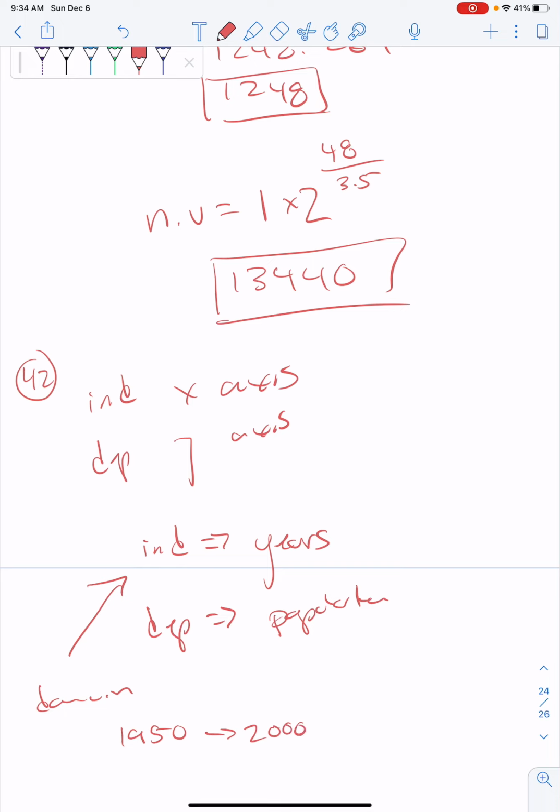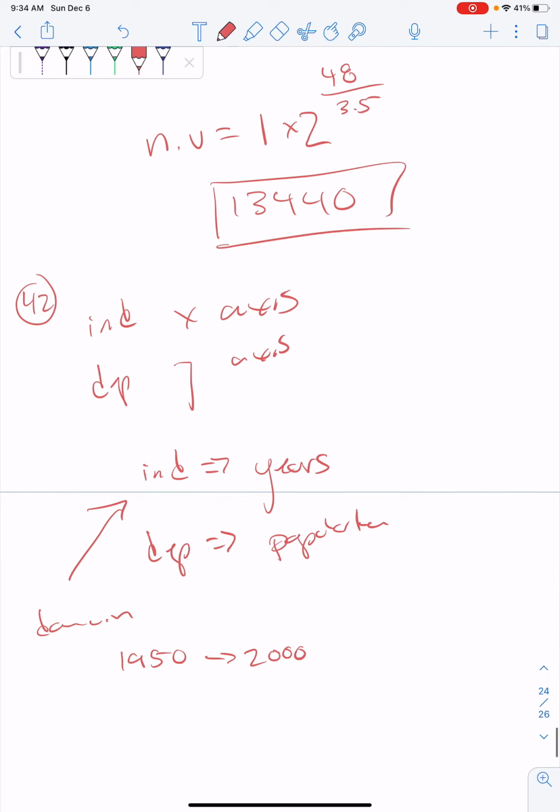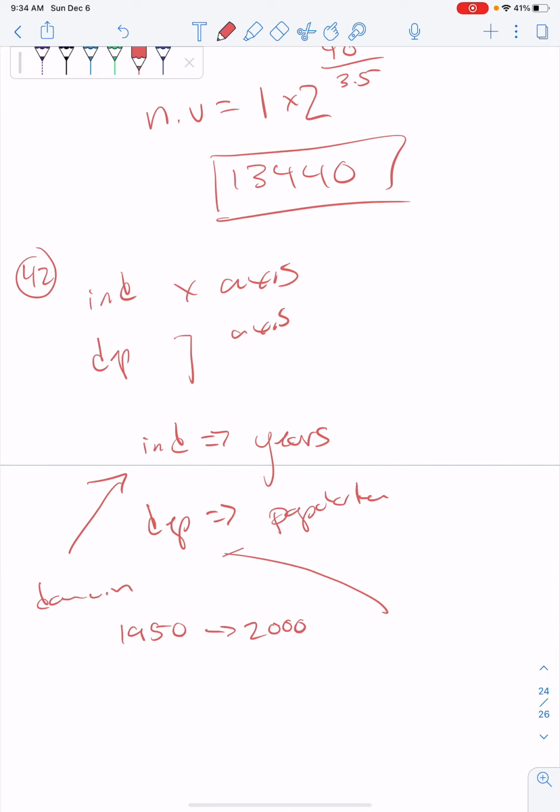So that would be my domain, 1950 up to 2000. My range is my dependent variable. And on my graph, the lowest is 2, and it goes up to about 6. All I have to do is read the graph. Then describe the function in words. I think you guys can handle that one.